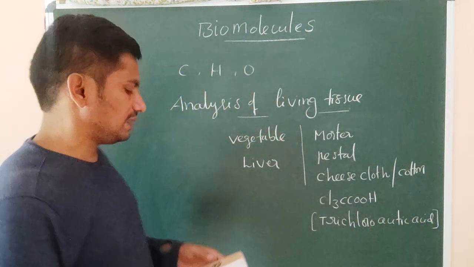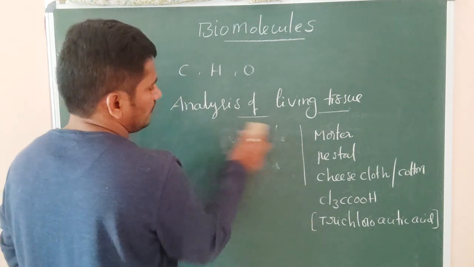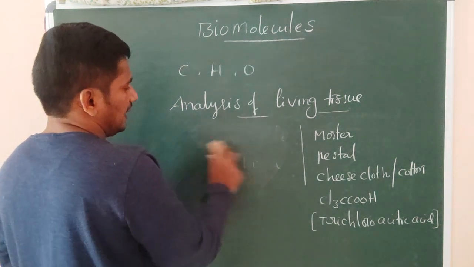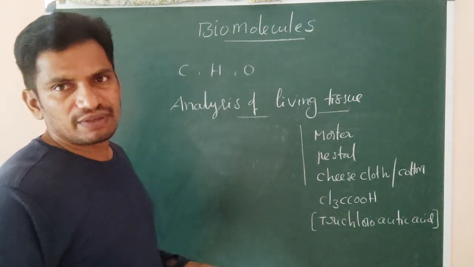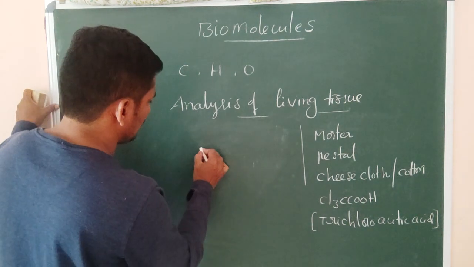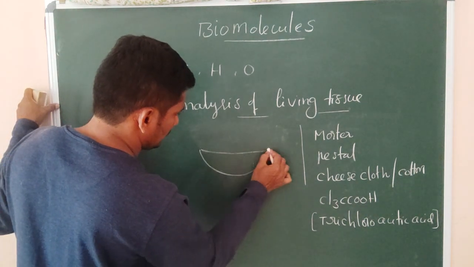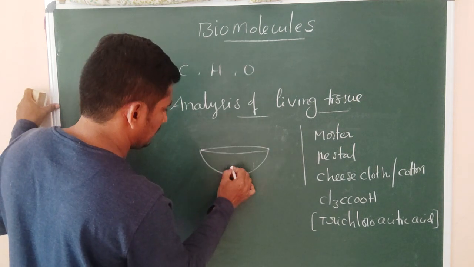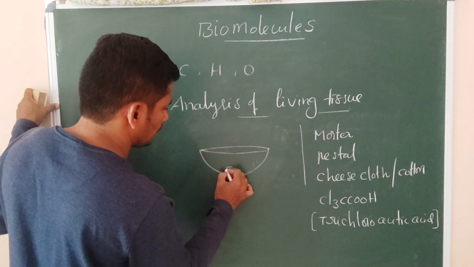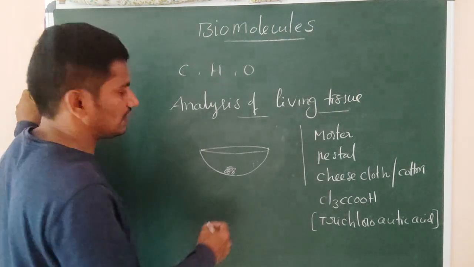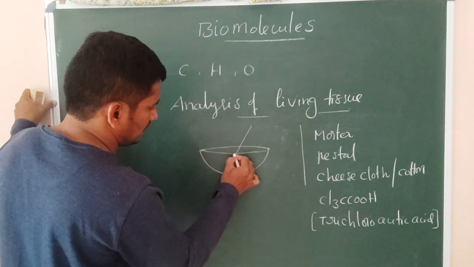For this analysis, we first have to collect the plant or the liver tissue, whatever it is, that we are going to extract. This is the mortar. In this mortar, we collect the material which we are going to analyze. If it is a liver tissue, for example, this is the pestle.